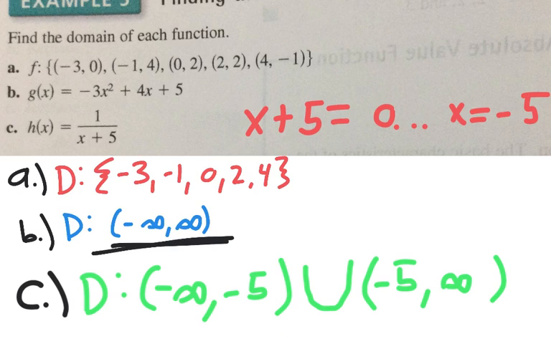But notice we don't include negative 5 in either one because there's no brace around it. So we're skipping negative 5 in my domain.